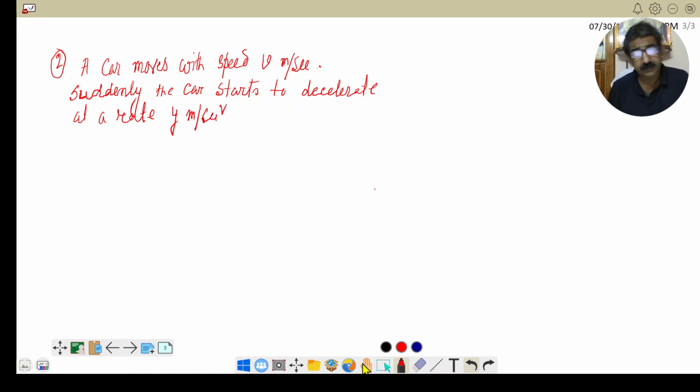Notice here, the unit of deceleration or acceleration is meter per second square. Notice this.